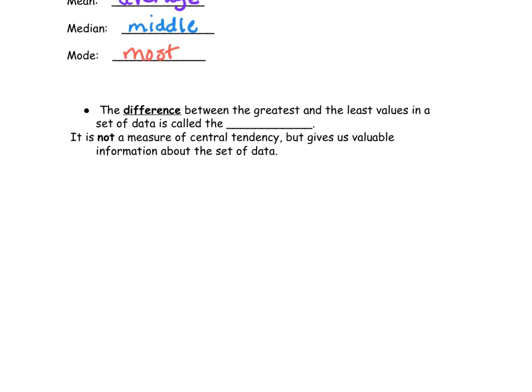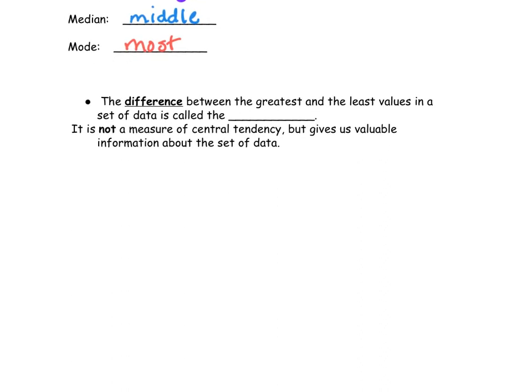So now let's move to this next bullet. It says the difference between the greatest and the least values in a set of data is called the range. And if you remember translating words to math, if we said the difference, that word is referring to minus, and it says between the greatest and the least values.